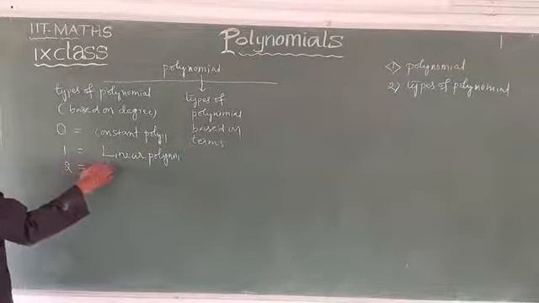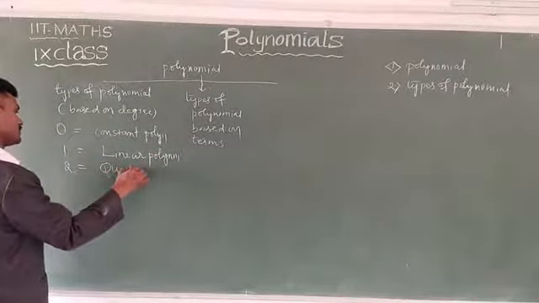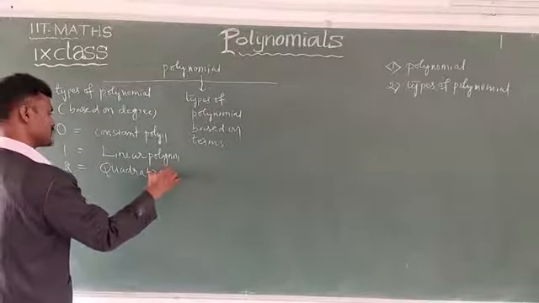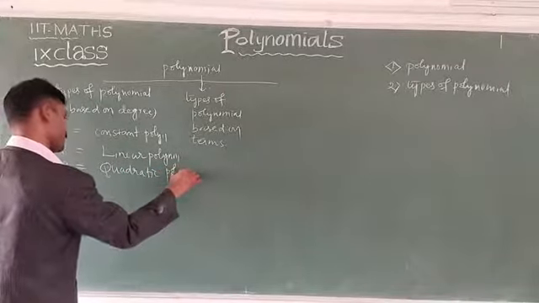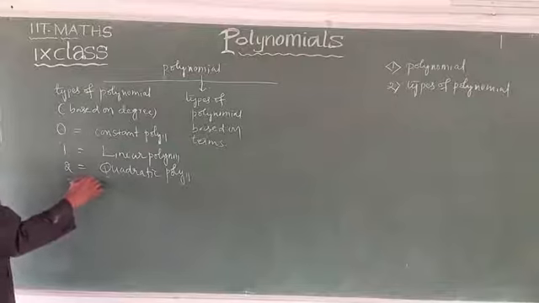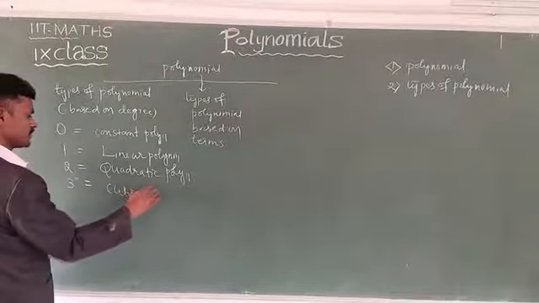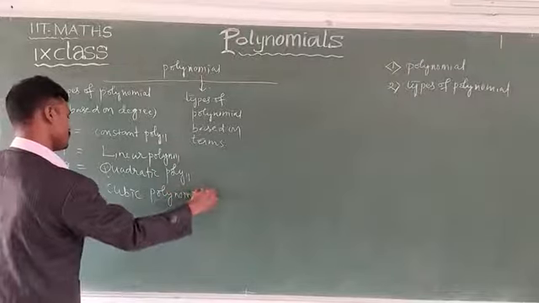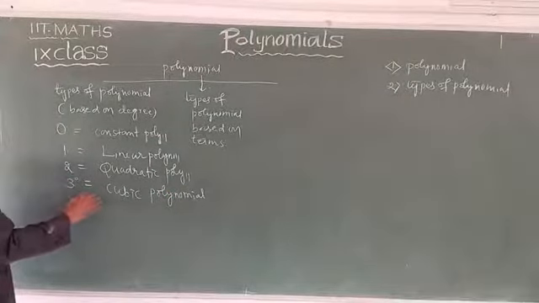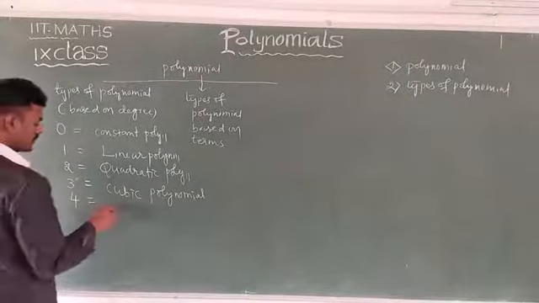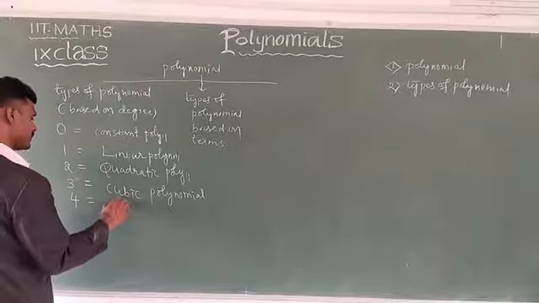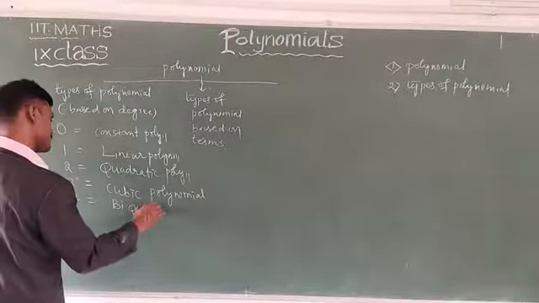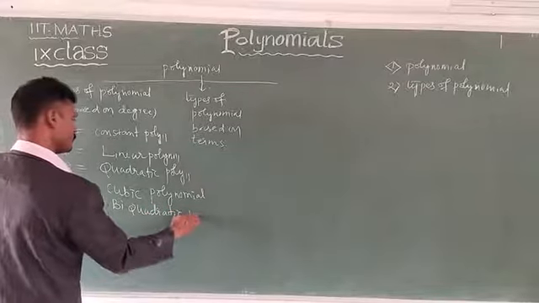Degree 2 means quadratic polynomial. Next, degree 3 means cubic polynomial. Next, degree 4 means biquadratic polynomial.